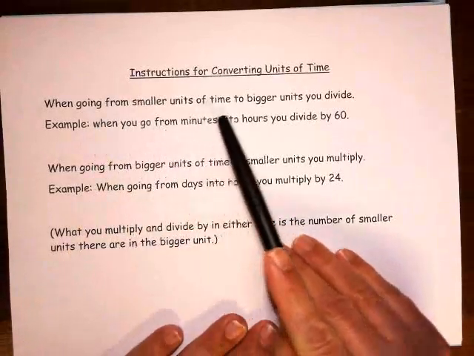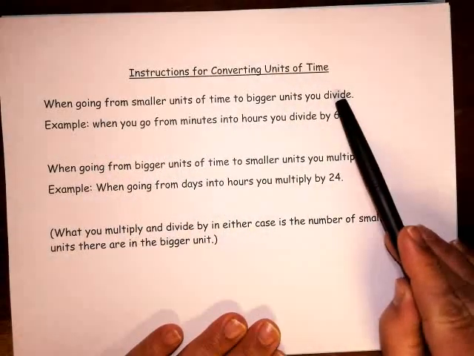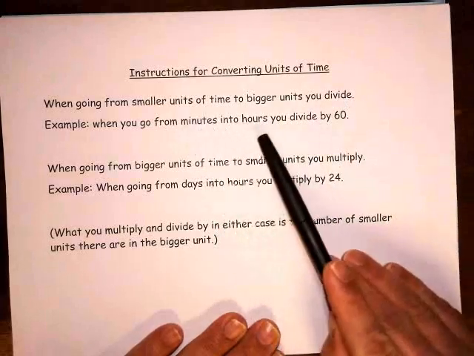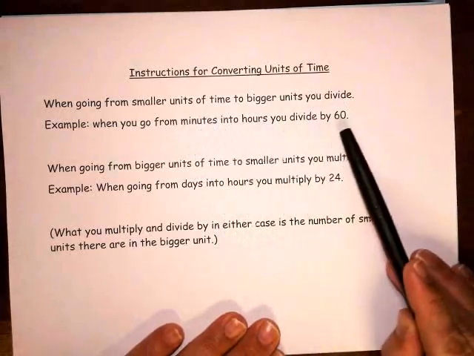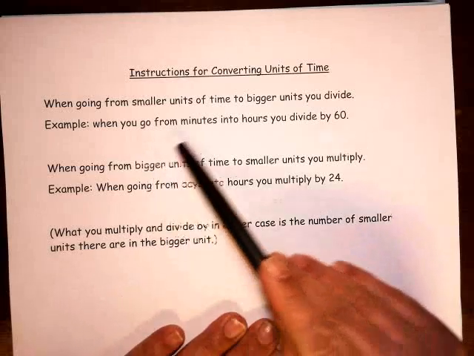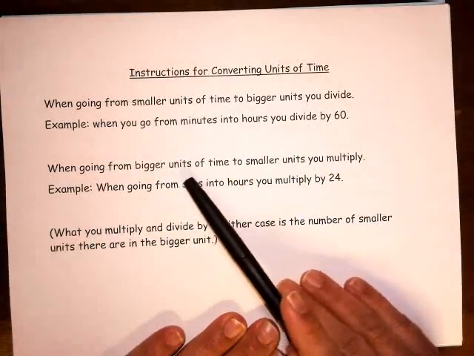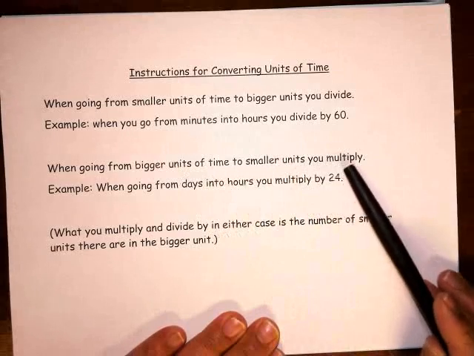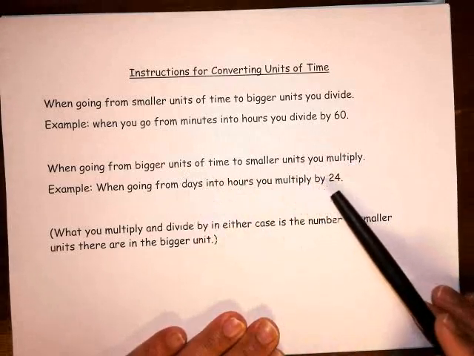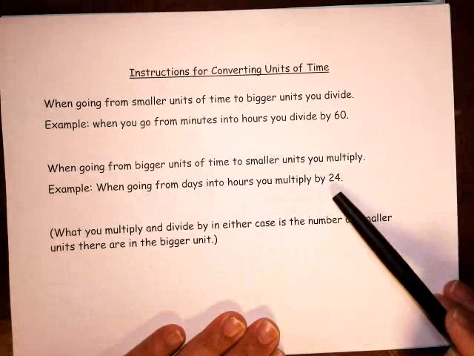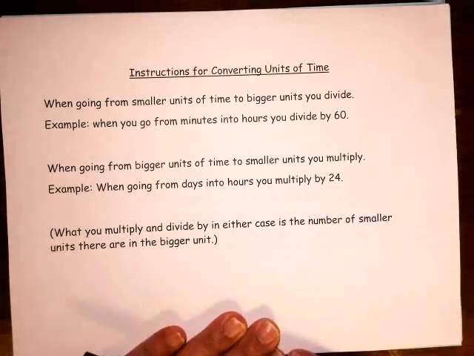When going from smaller units of time to bigger units of time, you divide. So like when we went from minutes into hours, right, I divided the number of minutes by 60. But then when going from bigger units of time, like days, into smaller units, hours, then I multiply. And in this case, I multiplied by 24, because there's 24 hours in a day.